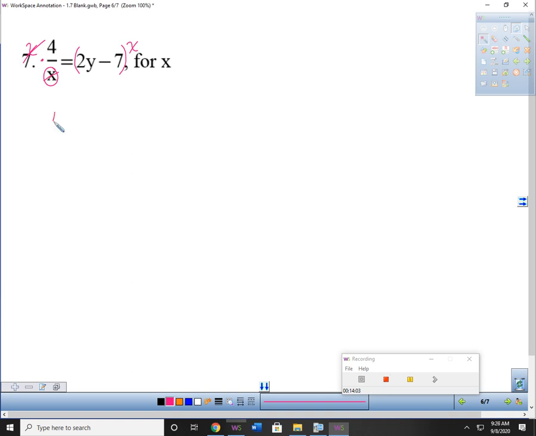So x cancels here. I have 4 equals 2y minus 7 times x. So I'm still trying to get x by itself. I've done what I needed to first, which is get it off the bottom. If you're going to solve for that variable, it needs to come off the bottom. So this is x times all of this.